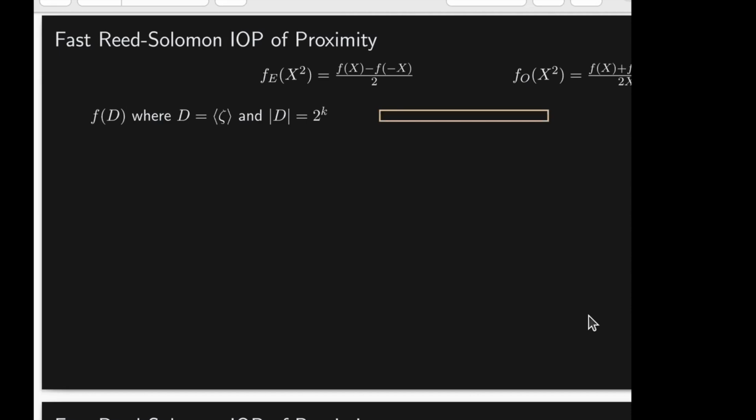Now the Reed-Solomon IOP part indicates that we're looking at code words. And so we're going to take these polynomials and we're going to evaluate them over a large domain. This domain is much larger than the domain that we used for interpolation, usually by a factor of 4 or even 16 in some cases.